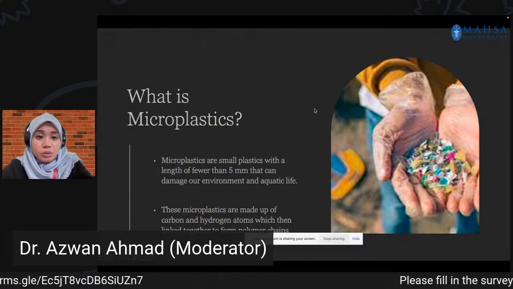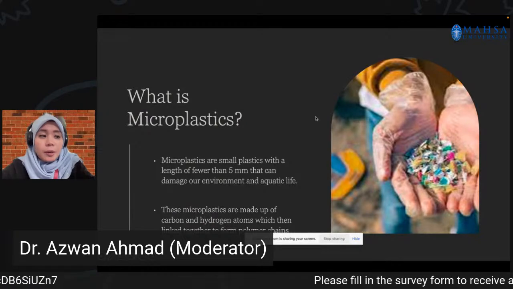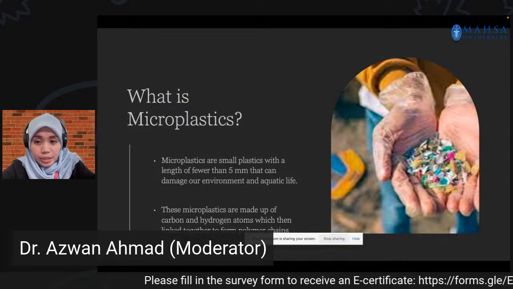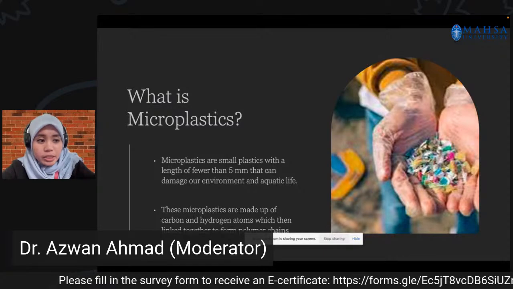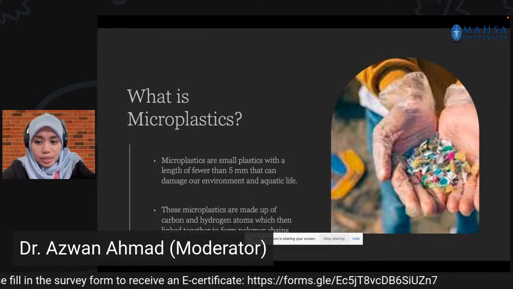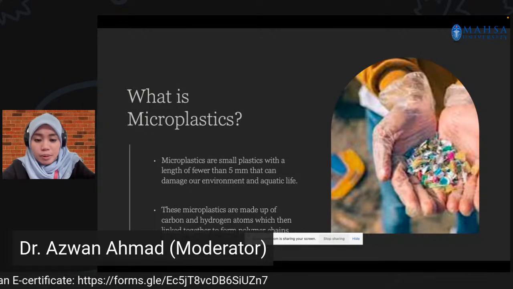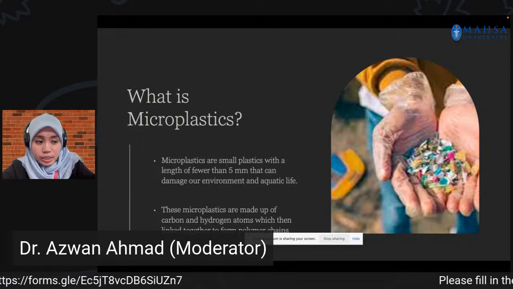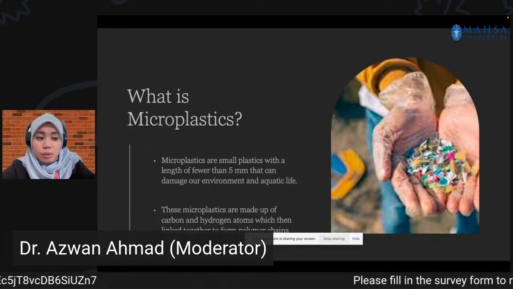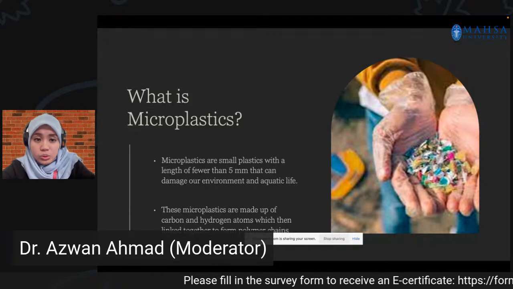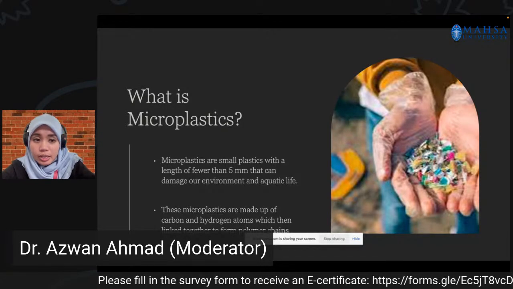So what is microplastic? Microplastic is small plastic with a length of fewer than 5 millimeters that can damage our environment, especially our aquatic life. These microplastics are usually made up of carbon and hydrogen atoms linked together to form polymer chains. Microplastic pollution is a global issue that affects the environment, animals, and humans.